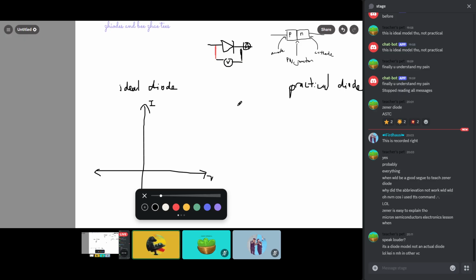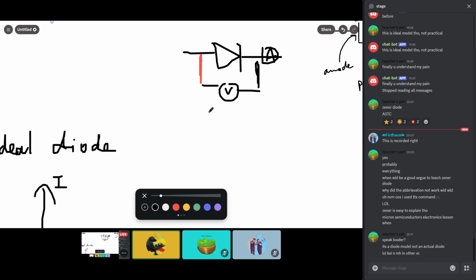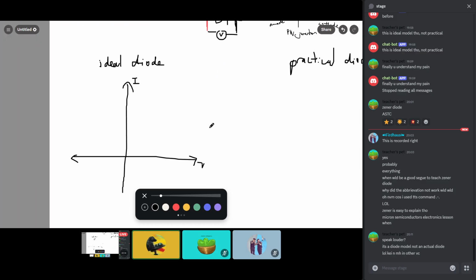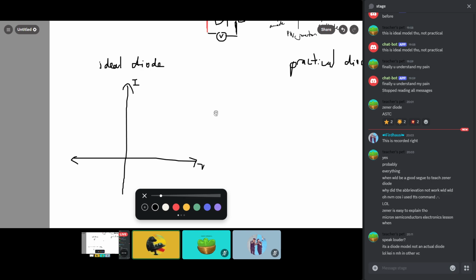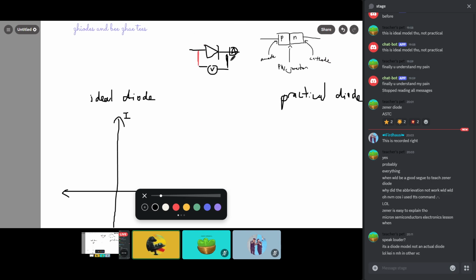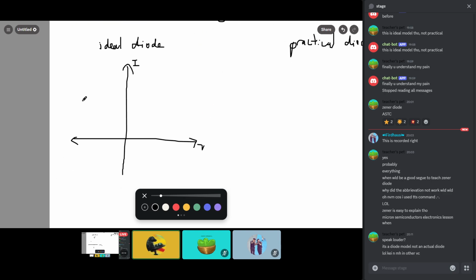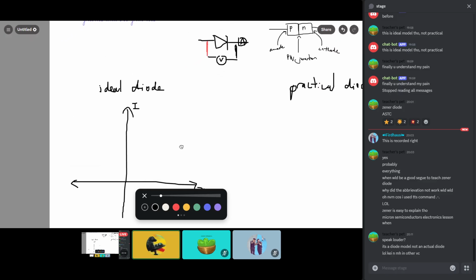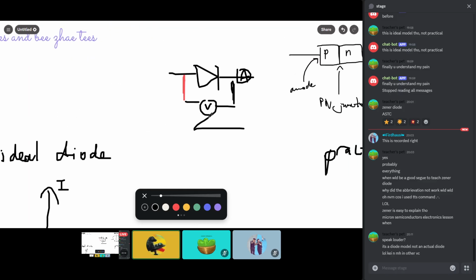Okay, so we're now going to describe how the diode allows current to flow in one direction and resists the current in the other direction using this graph. Okay, so let's say voltage is negative. Here in this region the voltage is negative, and that means the current is flowing this way.